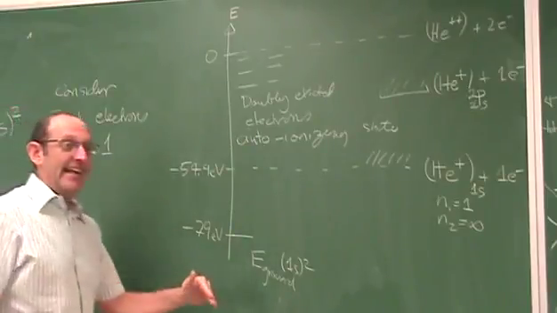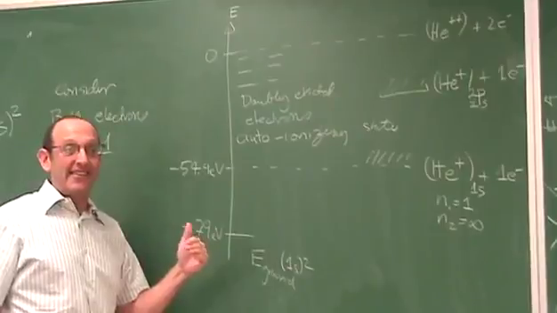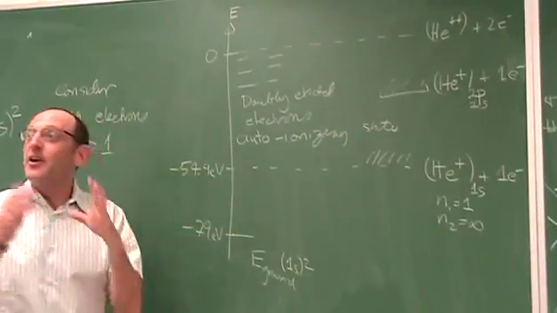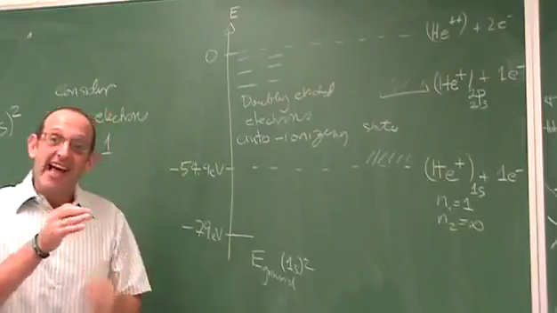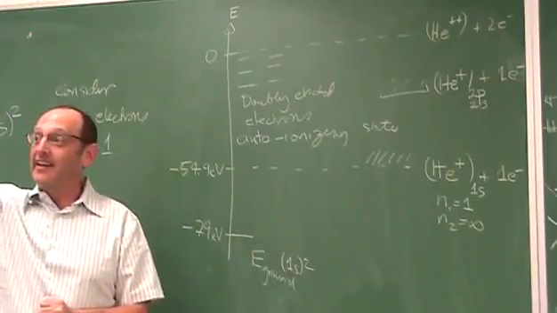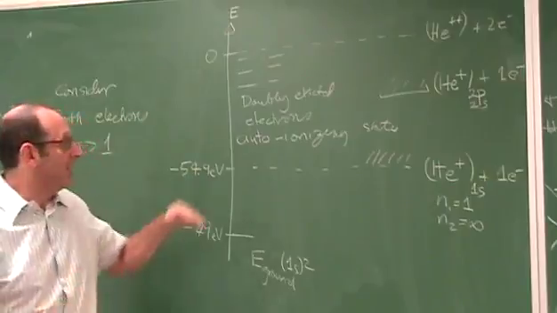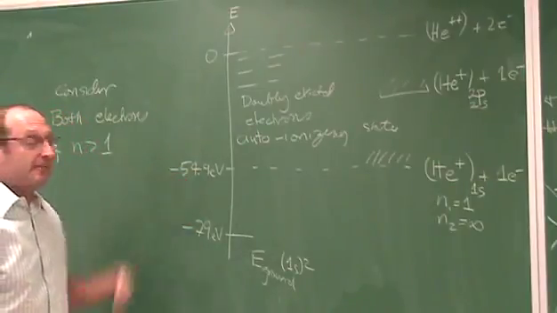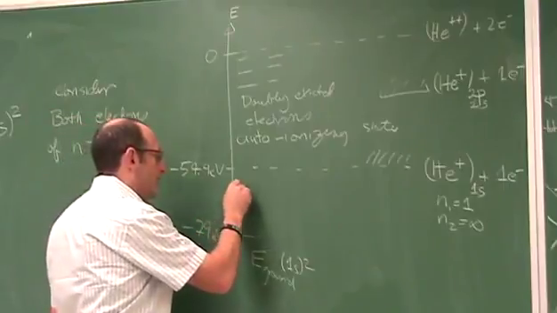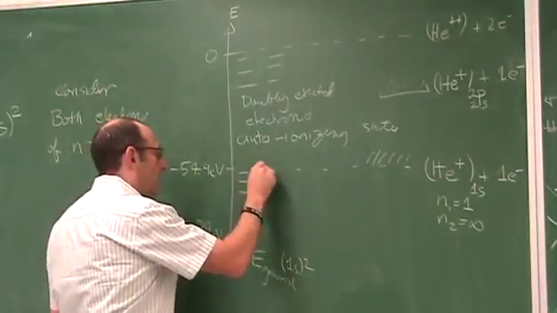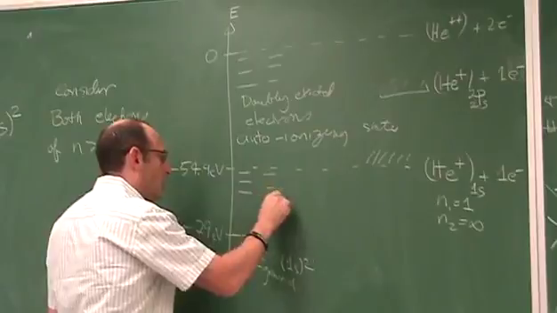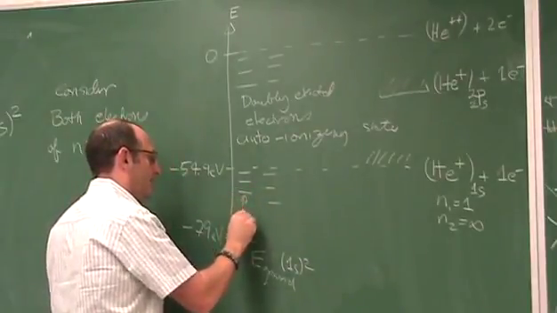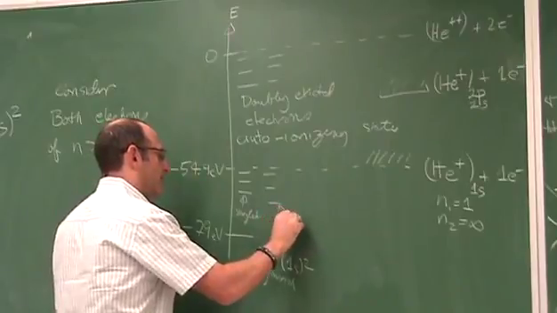The only bound states of helium are the ones where one of the electrons is essentially in the ground state and the other is excited. Those states are below this ionization level. So there is a spectrum here. I'm going to divide it up, as we'll see in a moment. It has to do with the singlets and the triplets.